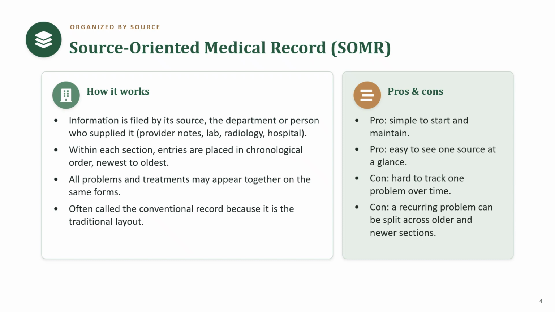Imagine a patient whose knee pain comes back 3 years apart. In the SOMR, the first episode is buried in an old section and the second is in a newer one, so the provider has to hunt through the chart to connect them. That difficulty in tracking one problem is exactly the weakness that the problem-oriented record was designed to fix, which is what we're going to discuss next.